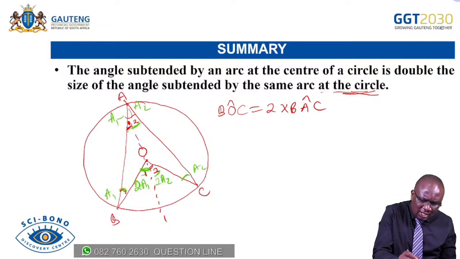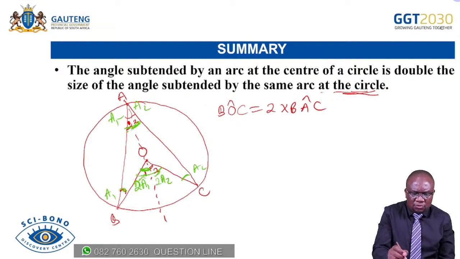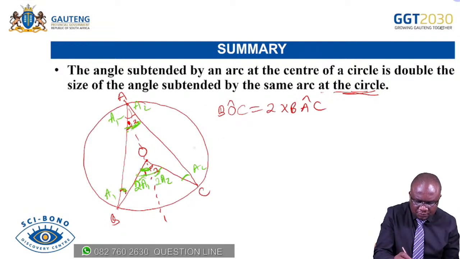Now we have A1 plus A2 here, and we have 2A1 plus 2A2 here. So we're saying this angle BAC is equal to A1 plus A2. And what about BOC?